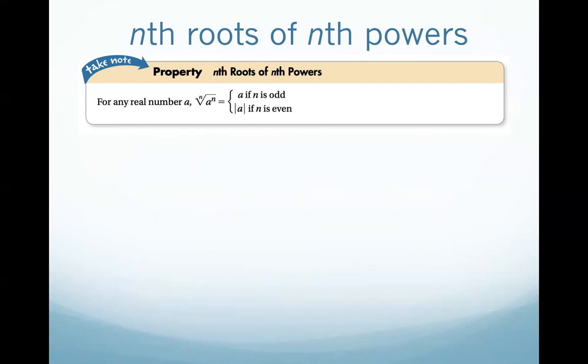If I take the square root of 4 squared, because this is not negative, I don't have to worry about the absolute value bars, because the absolute value of a positive number will always be positive. Okay? So if I take the absolute value of 4, I should still do that, but because it's positive, the answer will be 4.